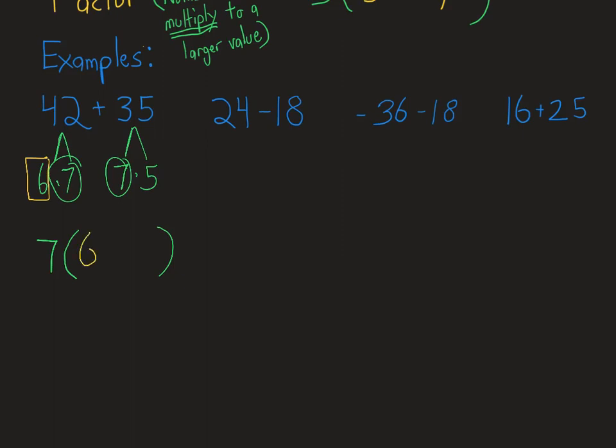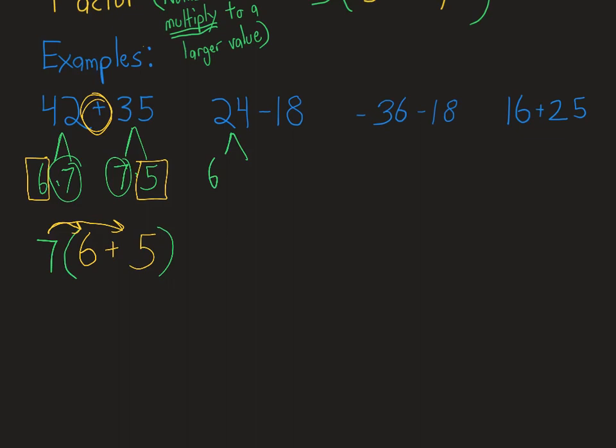There's a 6, and then a 5, and those were both positive numbers, so I'm going to leave them the same signs. And if I want to double check, 7 times 6, 42, 7 times 5, 35, so that is GCF factored as far as just pulling the number piece out. Okay, let's do it again.